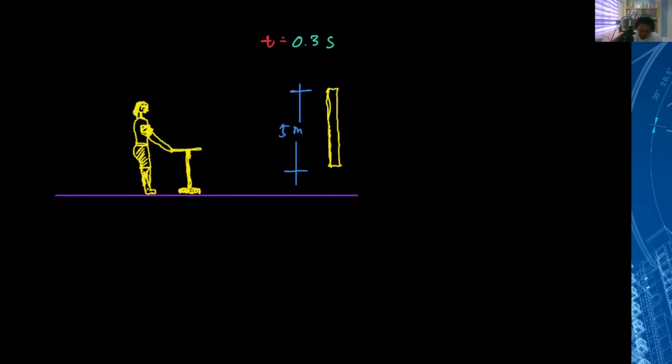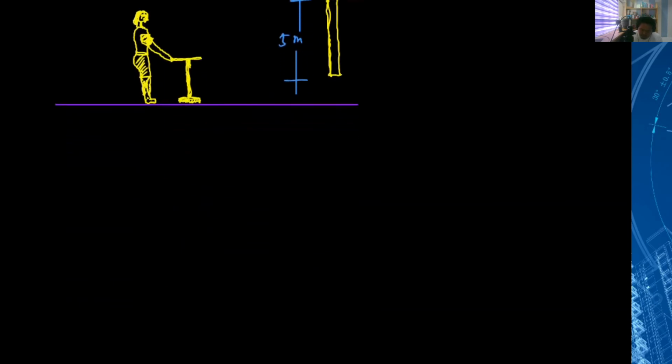Again, we will write first the three formulas involved. Vf equals velocity initial plus or minus acceleration times time. The second one is S equals Vit plus or minus 1/2 AT squared.